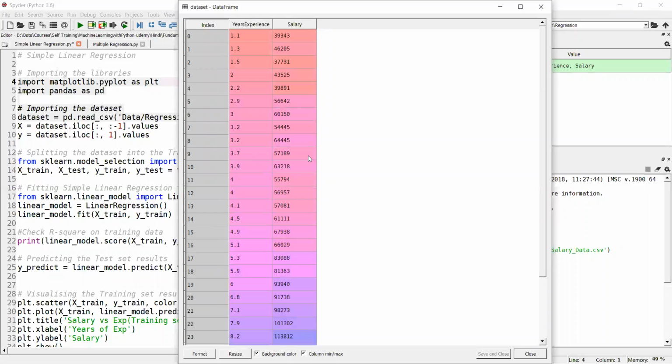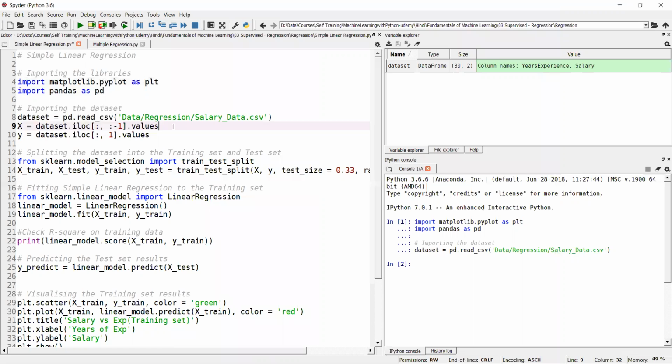Now we will apply simple linear regression here. In line number 9, we are importing all the values in variable x except the last column. That is the meaning of this code. This is pandas syntax, how to import all the columns except the last.